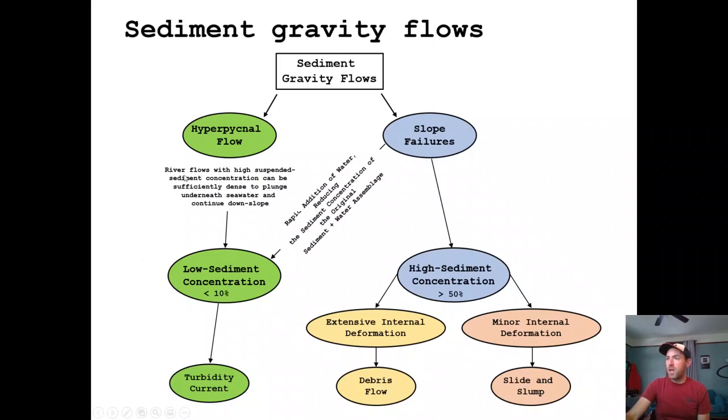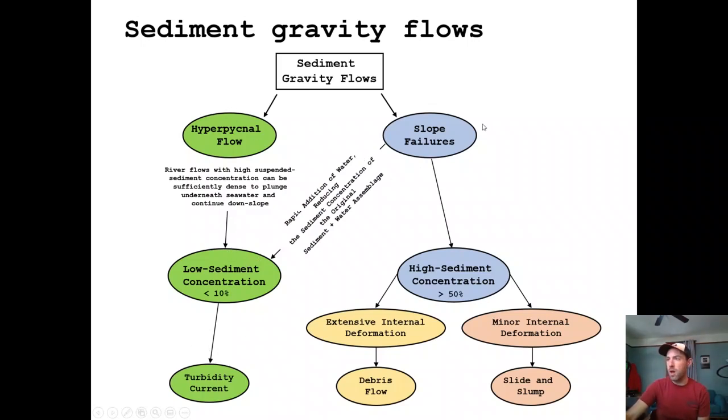But in both of these cases, a hyperpycnal flow or a slope failure, if the slope failure has a rapid addition of water because of the dynamics internally, if it's starting to incorporate water into that mess of sediment as it's flowing down slope, essentially, if the sediment concentration goes down because of incorporation of water, you can end up with a turbidity current from a slope failure or a hyperpycnal flow.